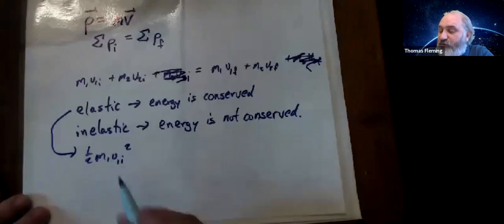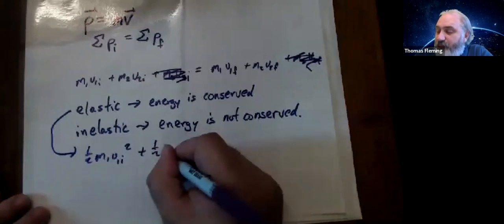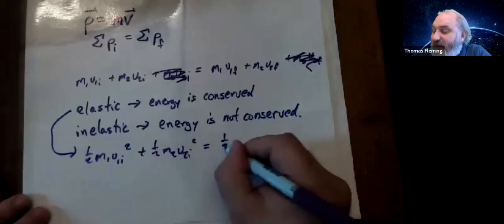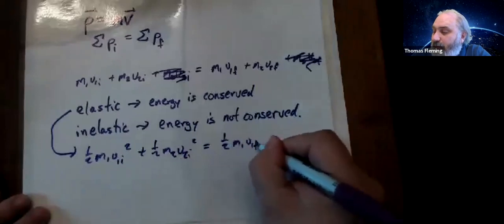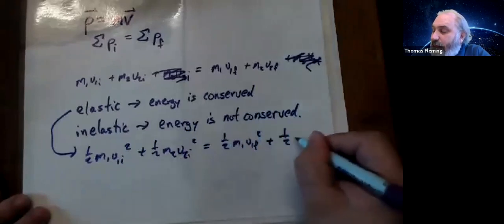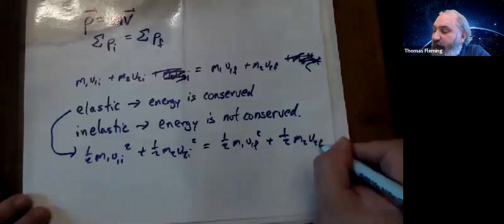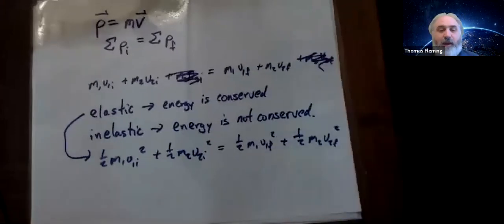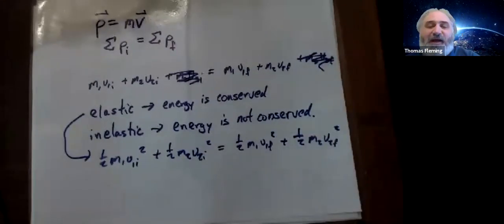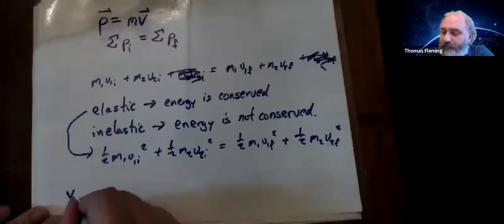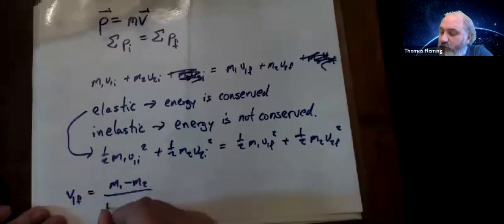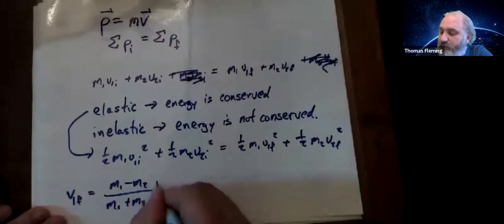The starting kinetic energy of the first guy plus the starting kinetic energy of the second guy had to be the same as the ending kinetic energy of the first guy plus the ending kinetic energy of the second guy, right? We started out with both of those equations at the same time. We did a whole bunch of hairy, disgusting algebra, and we ended up with that special case of solving that V1 final was M1 minus M2, yada, yada, yada.